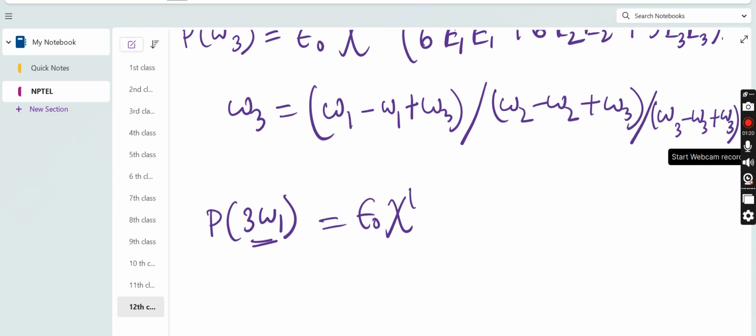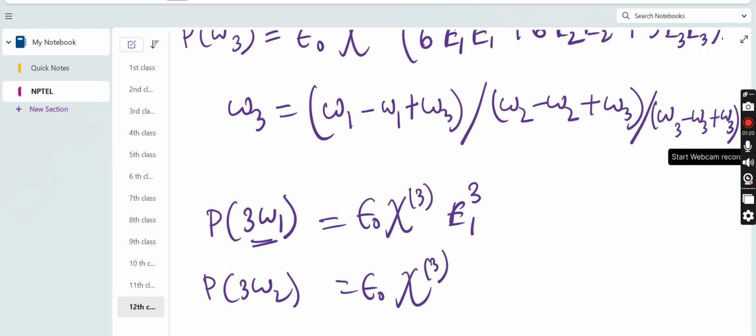We get only one combination of 3 omega 1, 3 omega 2 or 3 omega 3.